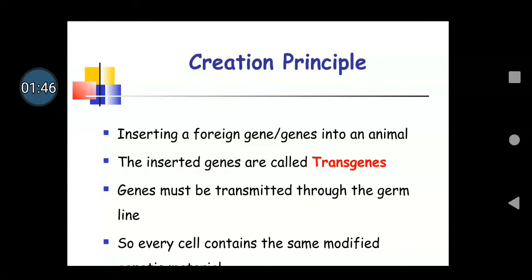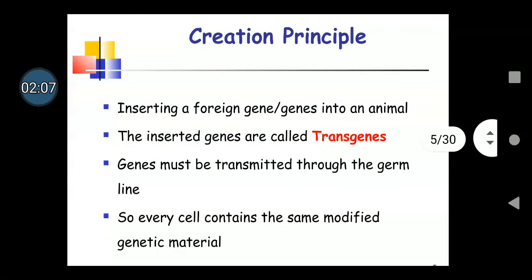Creation principle. So how do we create a transgenic animal? Inserting a foreign gene into an animal is called transgenic creation. The inserted genes are called transgenes. The genes must be transmitted through the germ line from one generation to the next, so every cell will contain the same modified genetic material in its genome.